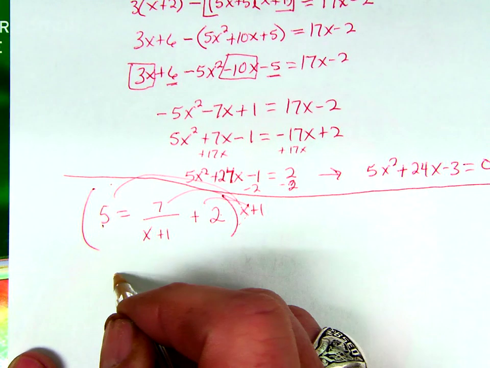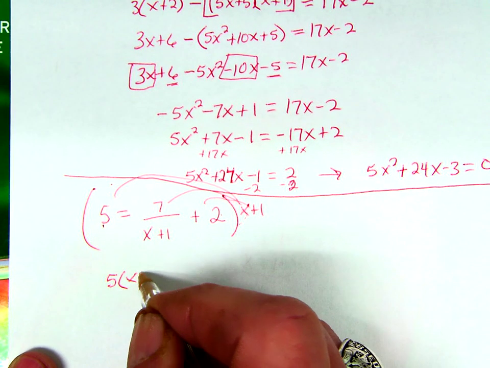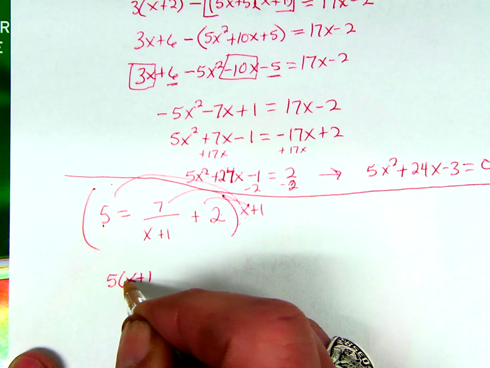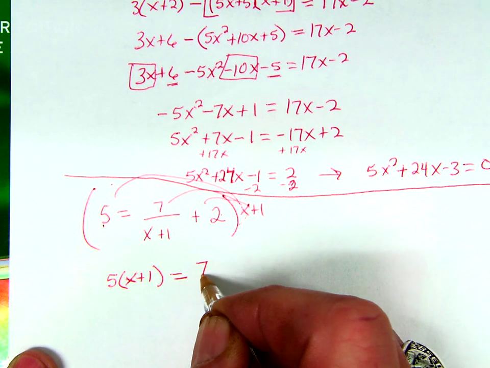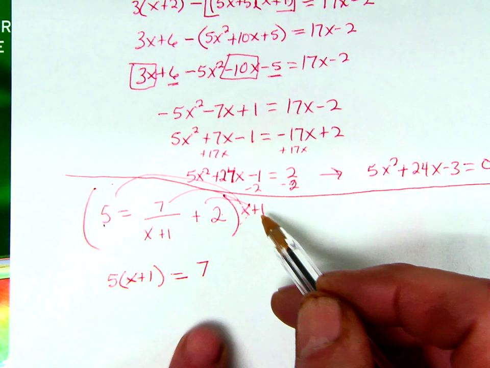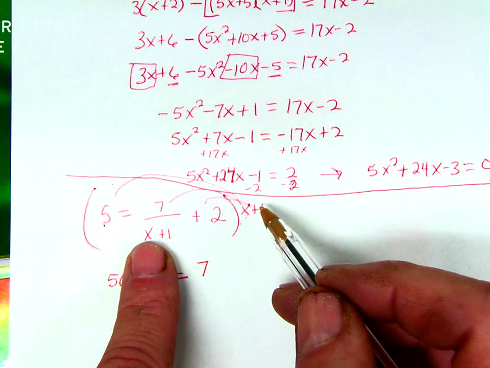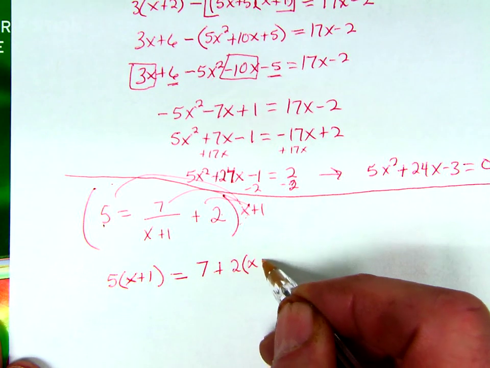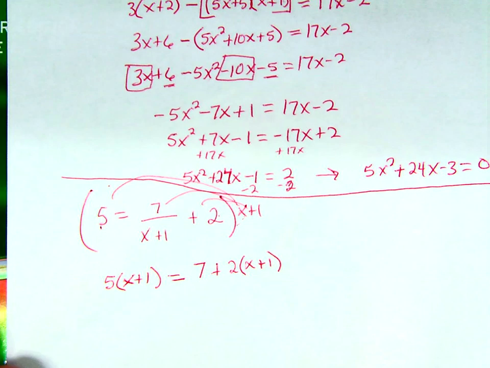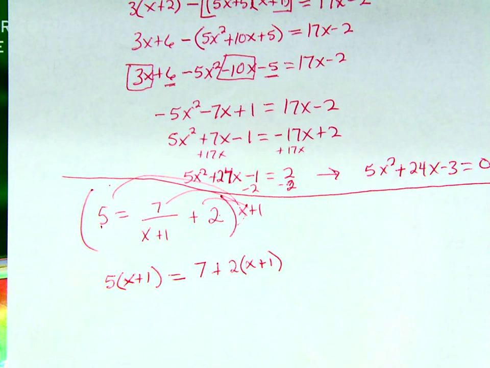So I have 5 times x plus 1 equals 7. So the x plus 1 cancel out, plus 2 times x plus 1. Now these are examples that I'm making up in my head, so they may not come out to be the correct solution. They may not even be valid equations. It's the process that I'm trying to show you.